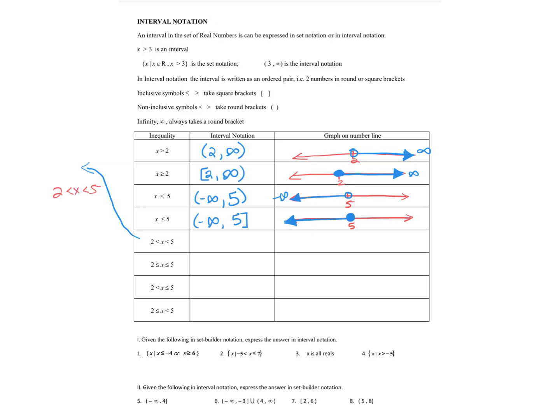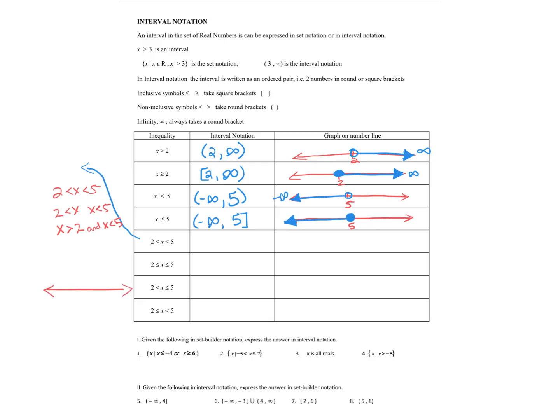We would have broken it up as 2 is less than x and x is less than 5, and then we would have gotten our x in front for both of them. So x is greater than 2 and x is less than 5. Hopefully you remember less than and greater than. We'll need that later. But that's why we have what we have here.